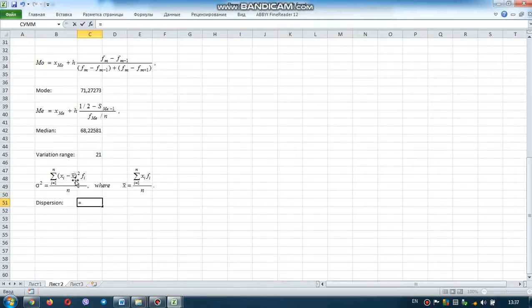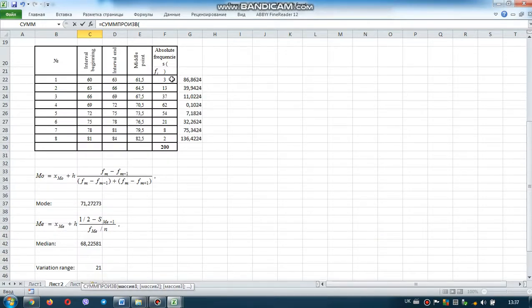This is a sum of products. Function sum is used. We have already used this function in our previous lab works. So let's begin. Сумма произведений, сумма добытків.